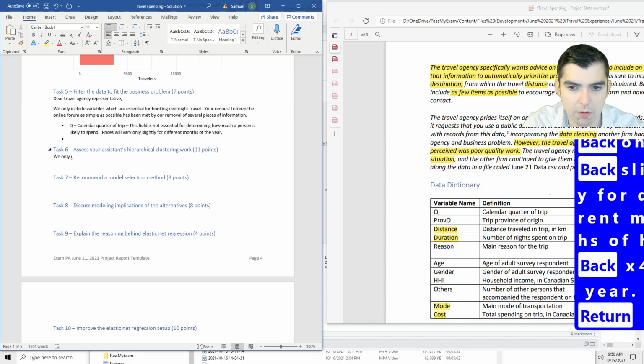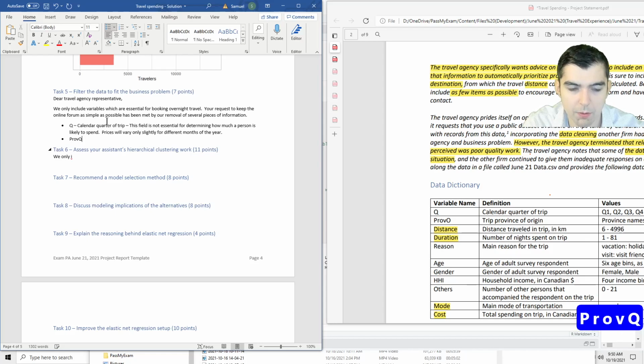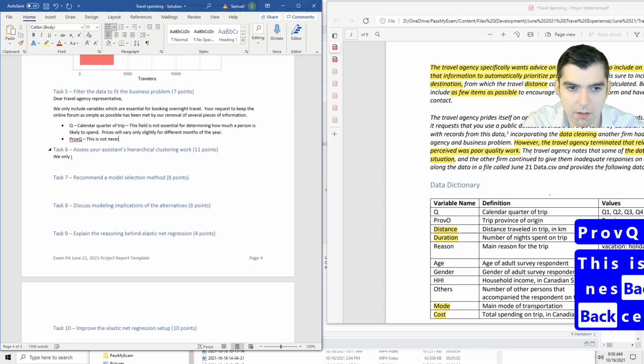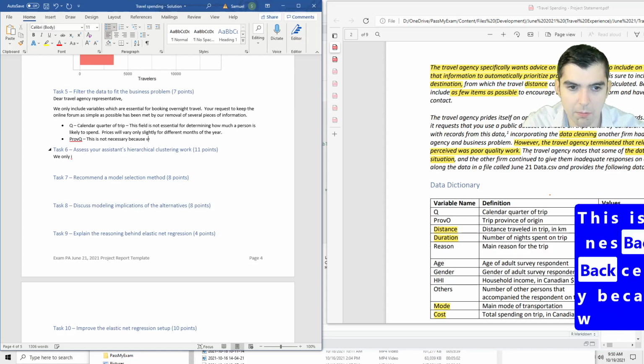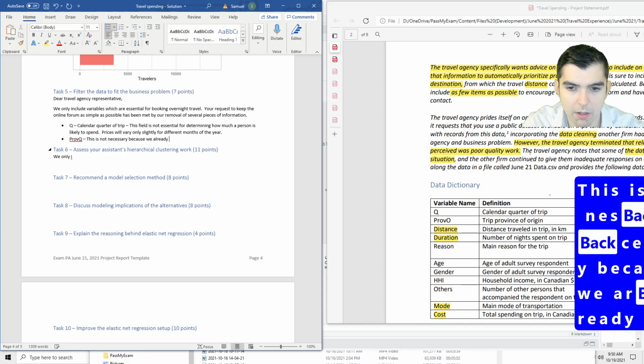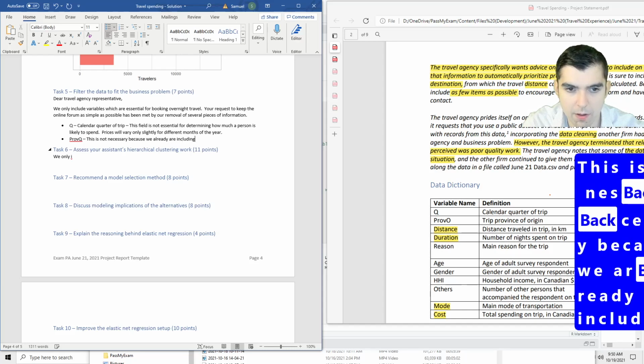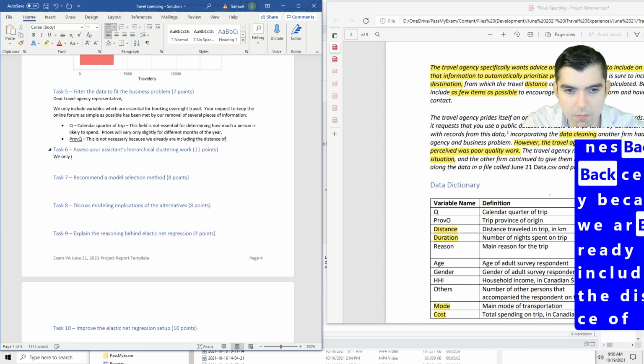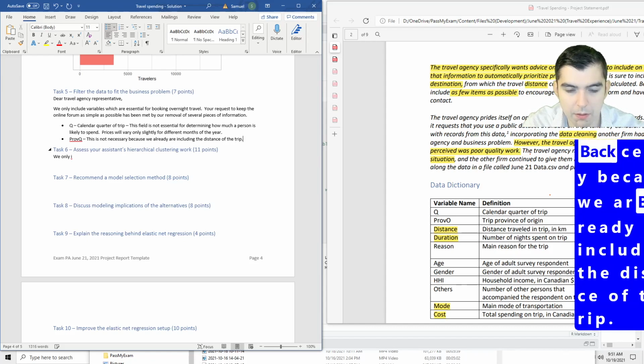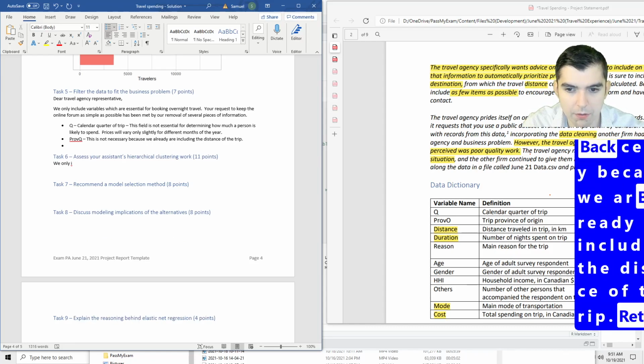And then Prov Q, trip province of origin. Prov Q, that's not necessary. This is not needed because we already are including the distance of the trip, and the duration is included. Reason, the main reason for the trip.